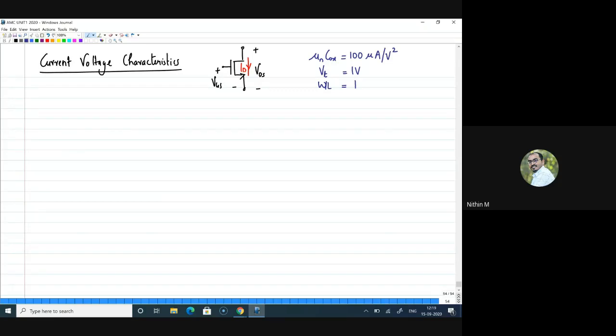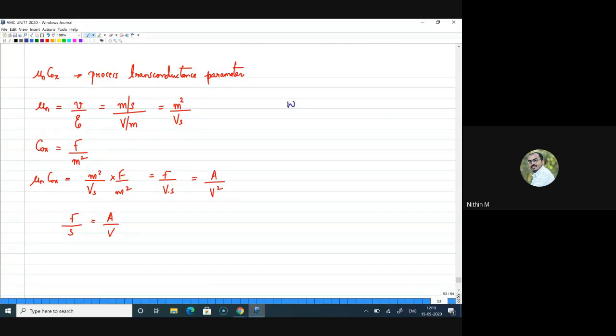Both are equal, for example width is 10 micrometers and length is also 10 micrometers, so W by L is 1. W by L is otherwise called the aspect ratio of the MOSFET.